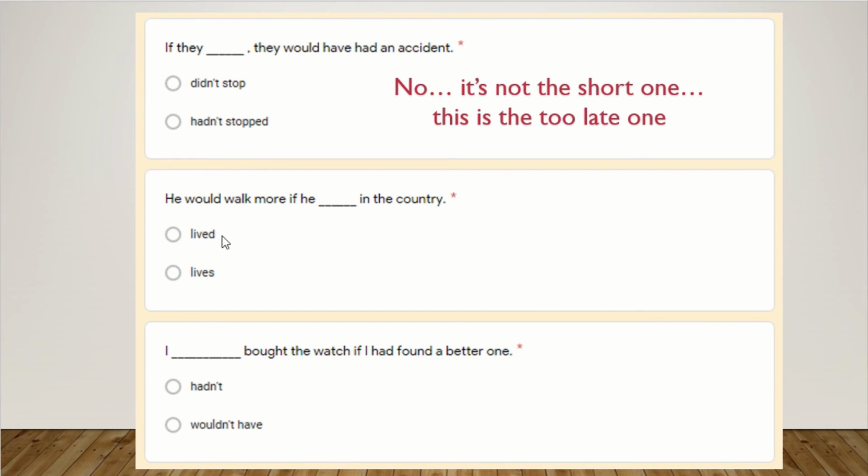What about this one? He would walk. And look, the would again, but this time you don't have the have and the past participle of the verb, you just have the base form. In this one, yes, the if is in simple past. But guys, listen, there is something important that you have to remember. If in your result you have would, the future, the present is not possible.